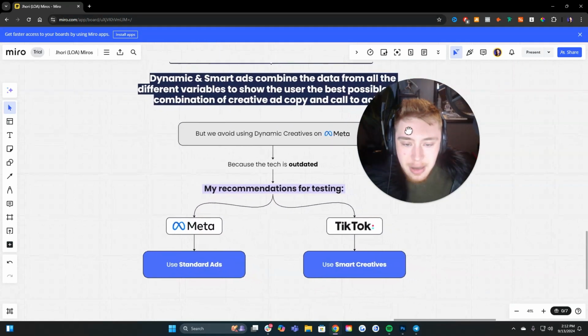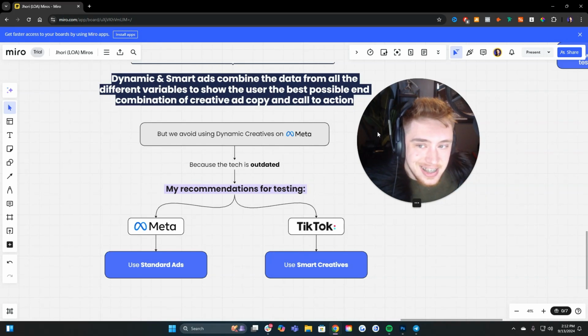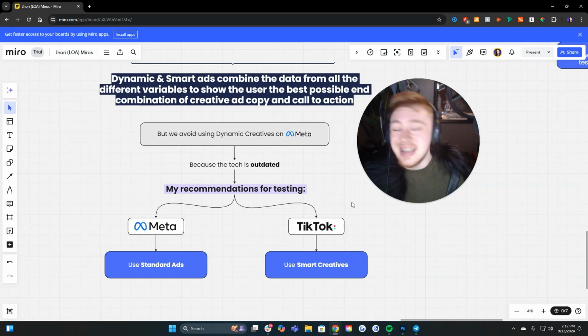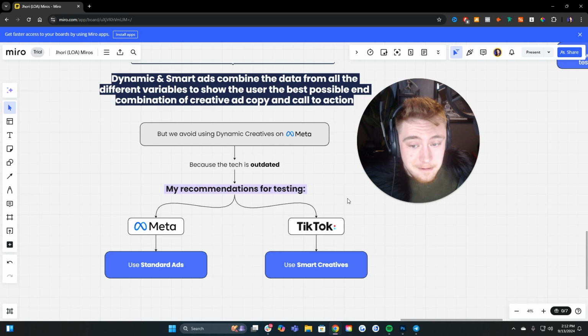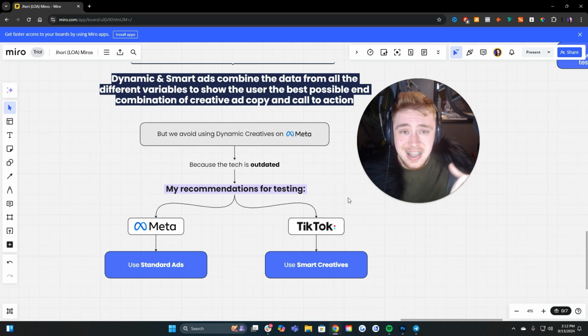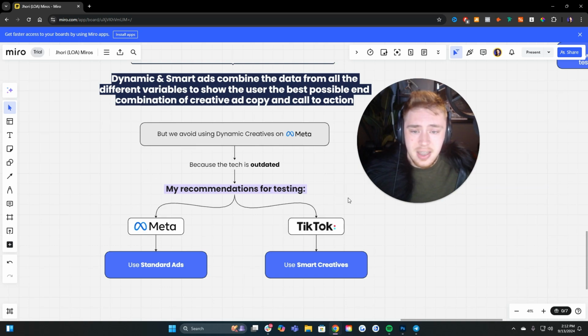But we avoid dynamic creative or flex ads now because the tech is outdated and Meta refuses to update it. There are a lot of reporting features that don't work anymore. In fact, flex ads doesn't even let you break down by individual ad creative which ones are doing best. So when it comes to optimizing the account for creative learnings, dynamic creative is terrible at that.